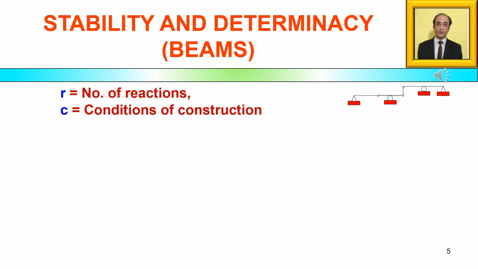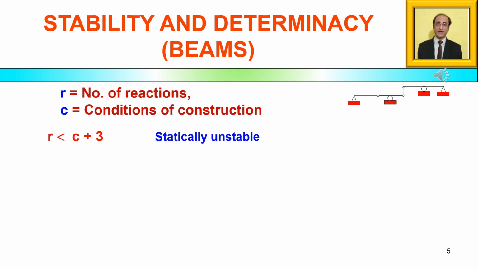So for 2D beams, we can frame mathematical rules. If we denote the number of reactions by R and the conditions of construction such as an internal hinge as C, then we can frame the following rules. If R is less than C plus 3, then the structure will be statically unstable because it does not have sufficient number of reactions.